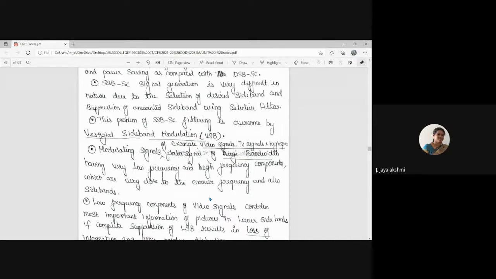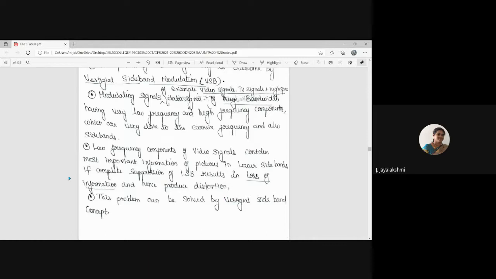The partially chosen sideband should have the very high frequencies, so you choose it from the upper sideband. All the low frequency components of the video signal contain most of the information, in the picture form, which is available in the lower sideband.